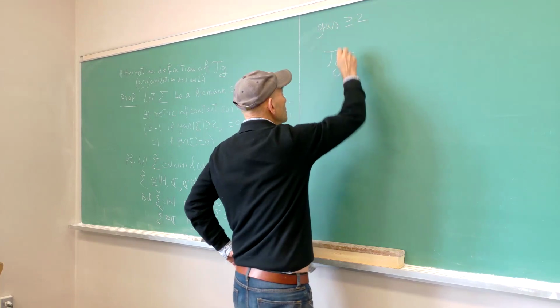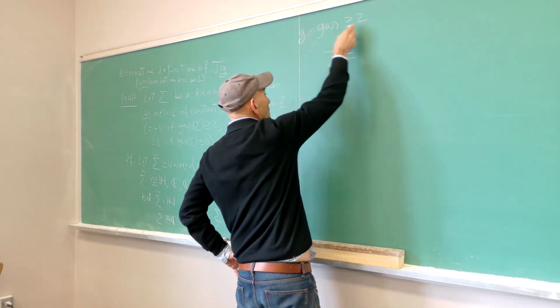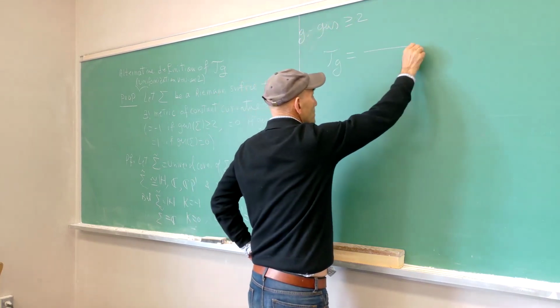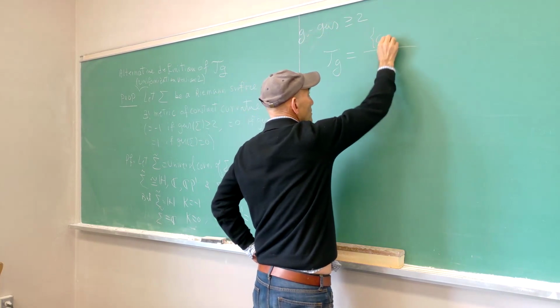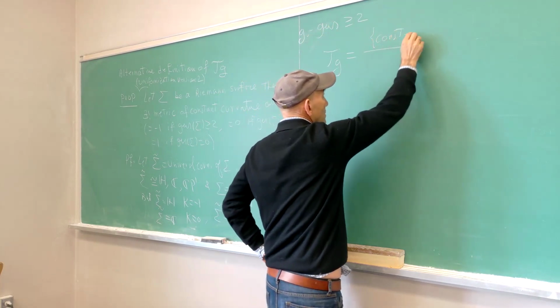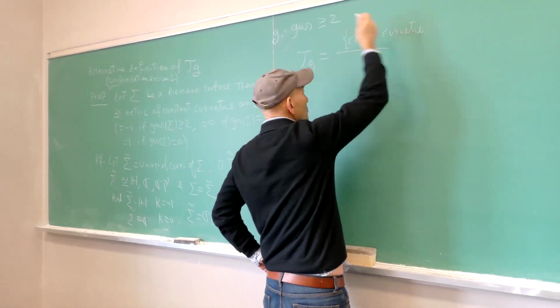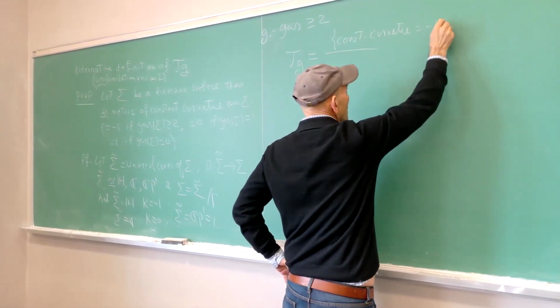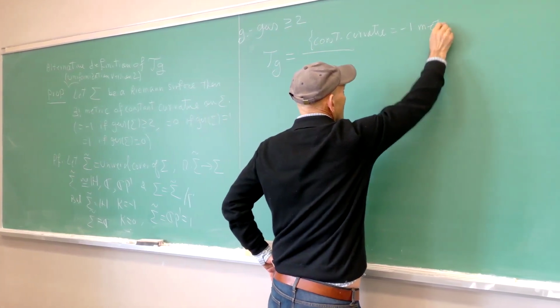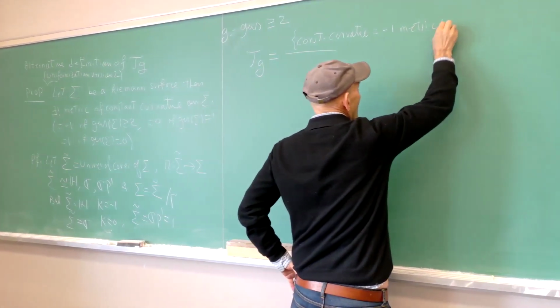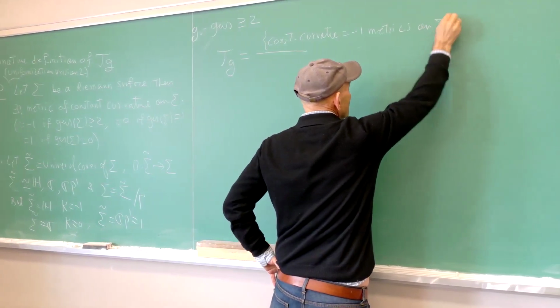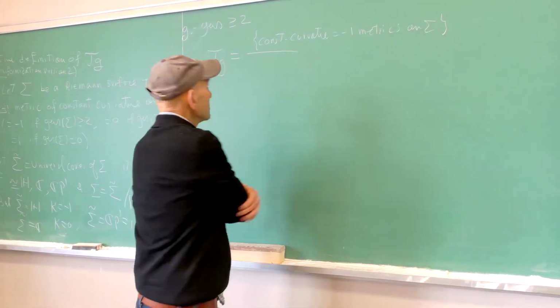We define T_g to be the space of constant curvature metrics, with curvature equal to -1, on sigma.